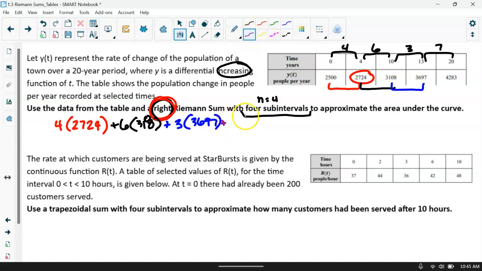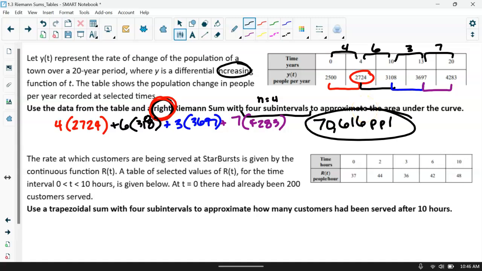Then plus the width, which is 7, times the right side, 4,283. So again, practice putting all that in the calculator, and you should get 70,616 people. That is the area under the curve.